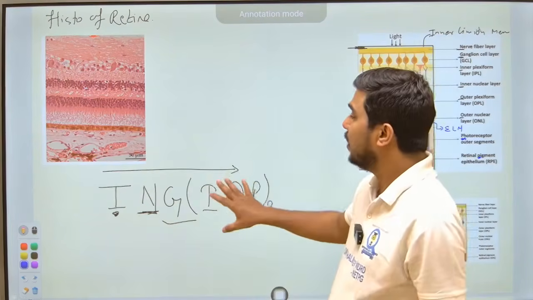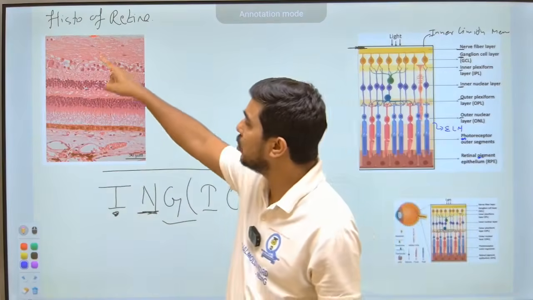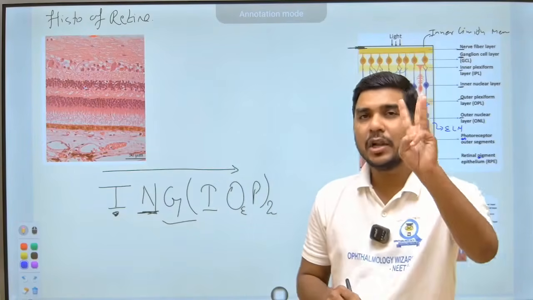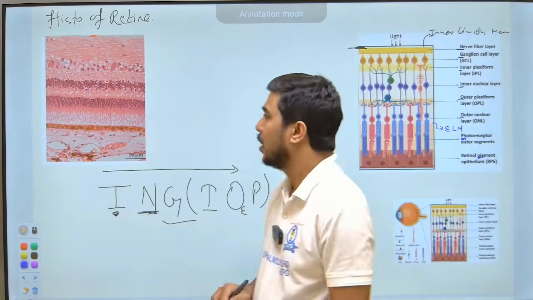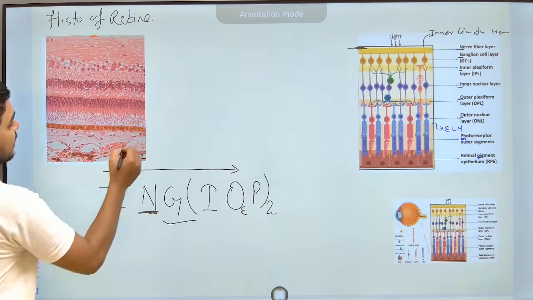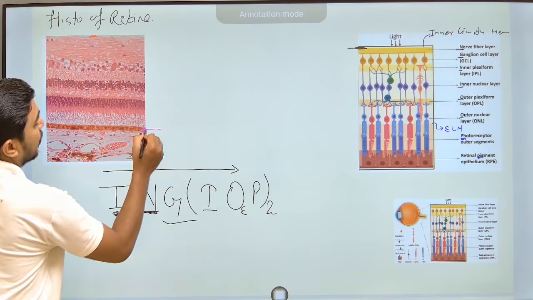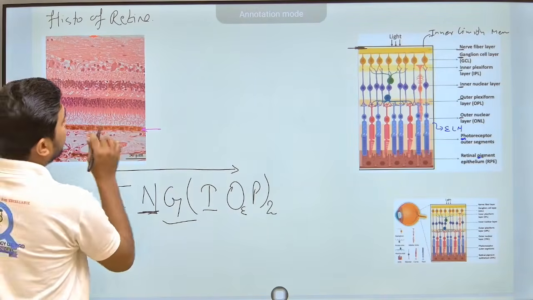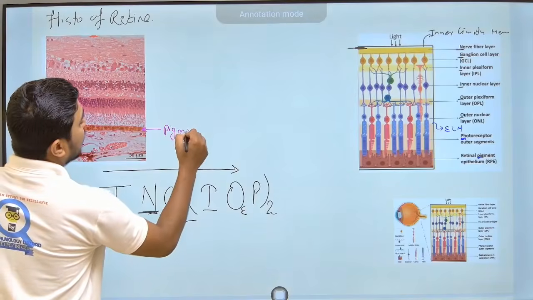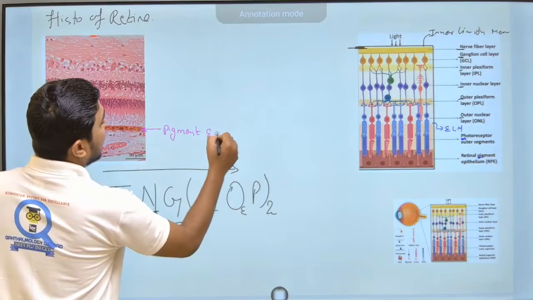Now when they give you this histology, how do you solve it? Remember only three layers. This layer is very much pigmented, so it is the pigment epithelium.